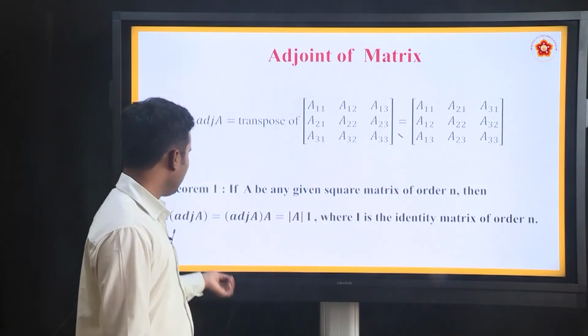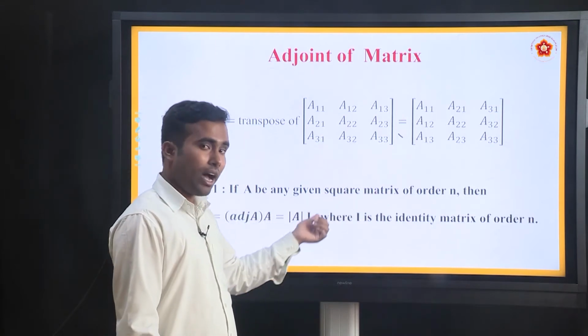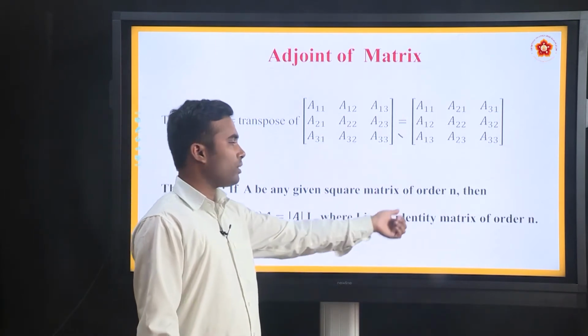If A is a matrix of order n, then I should also be of order n.